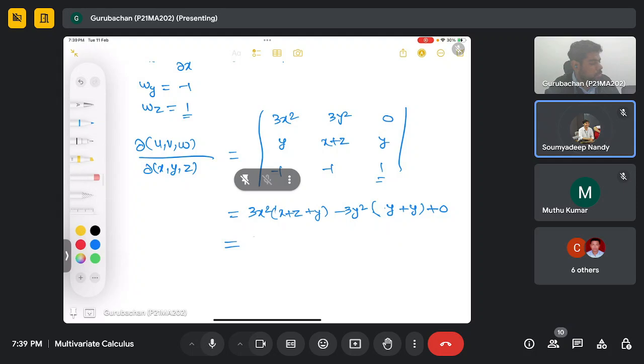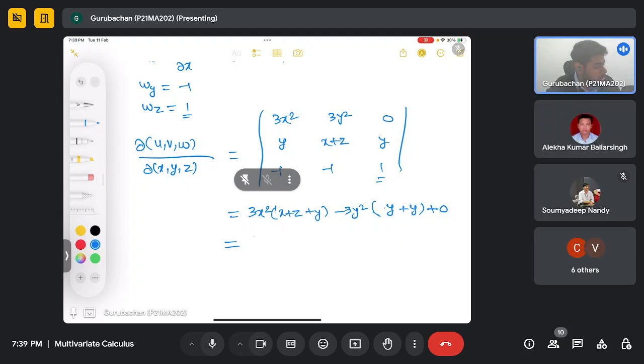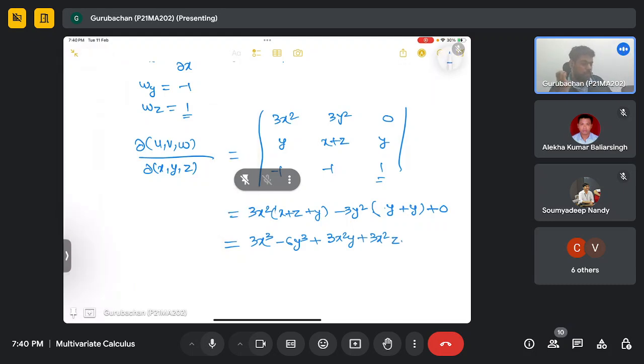Yes, sir. Okay, let me again write it. 3x cube, and it will give minus 6y cube, as well as 3x square y and 3x square z. Thank you. Thanks a lot. So we have found out this value.